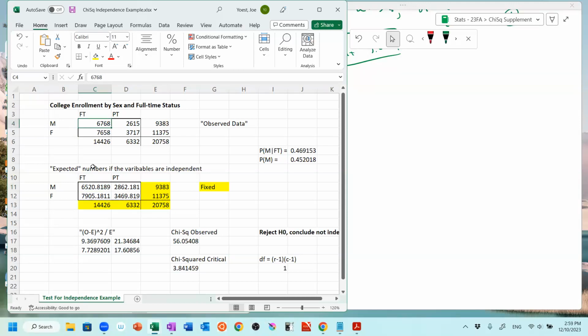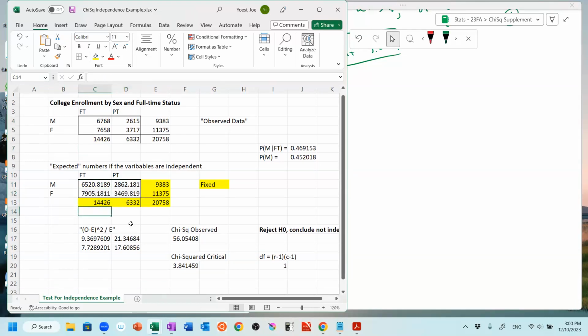We'd expect the product of the row total and the column total divided by n, or in other words, we'd expect this proportion, 14,000 out of 20,000, of these 9,000 folks to be full-time. And we'd expect this proportion, 6,000 out of 20,000, of the 9,000 folks to be part-time.